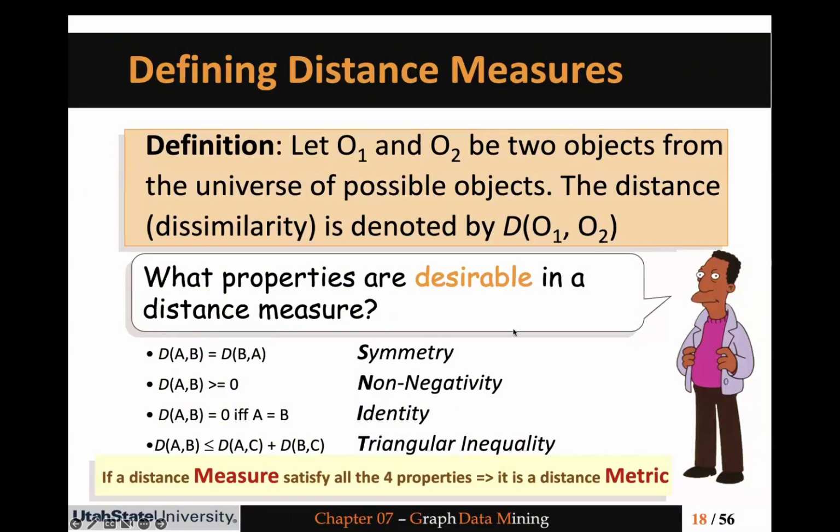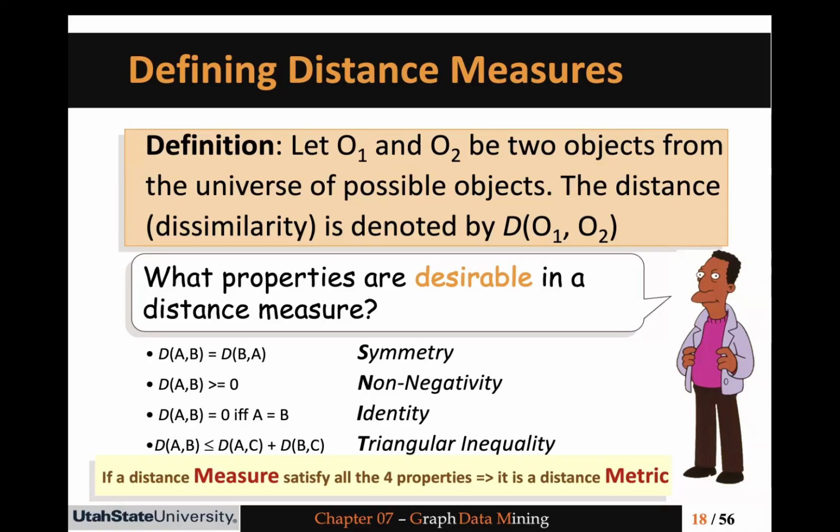The first one is symmetry, which means that the distance between A and B is equal to the distance from B to A. The second is non-negativity, so ideally we would like the distance to always be positive, otherwise negative. Of course, you might think about problems with a negative distance, because if I would like to aggregate distances together while one distance is negative and another one is positive, then adding those distances together is not really a true reflection of the similarities, right?